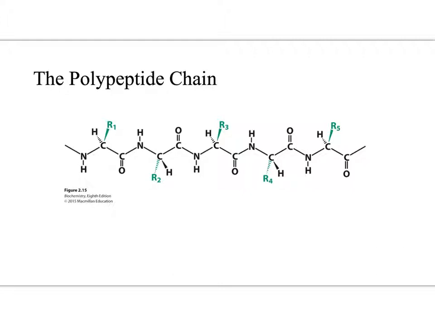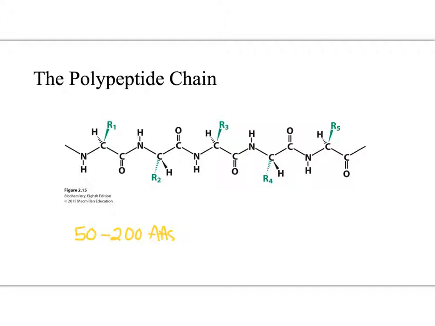So we bring a bunch of these amino acids together, form these peptide bonds, and we have long polypeptide chains. Most polypeptide chains will be between 50 and 200 amino acids in length. Of course, we have some that are shorter than that and some that are larger than that.